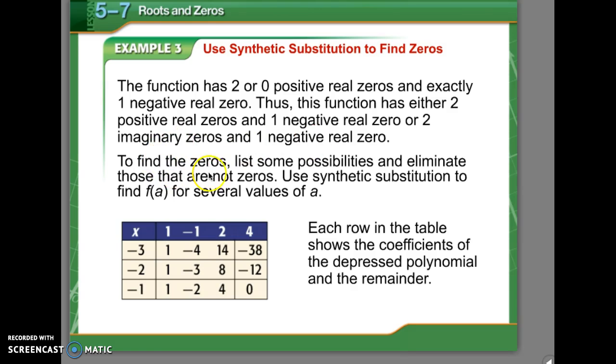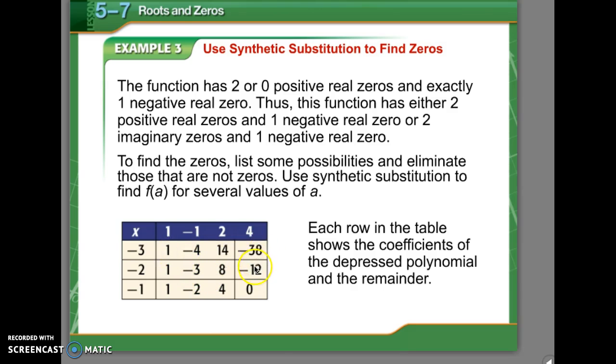So it says to find the zeros, list some possibilities and eliminate those that are not zeros. Use synthetic substitution to find f of a for several values of a. So what they did here is they're trying different negative values. We know there's 1 negative real zero up here, so we're just trying different negative numbers. And then the blue is the coefficients from the original problem, and this lighter color down here is the synthetic division answer.